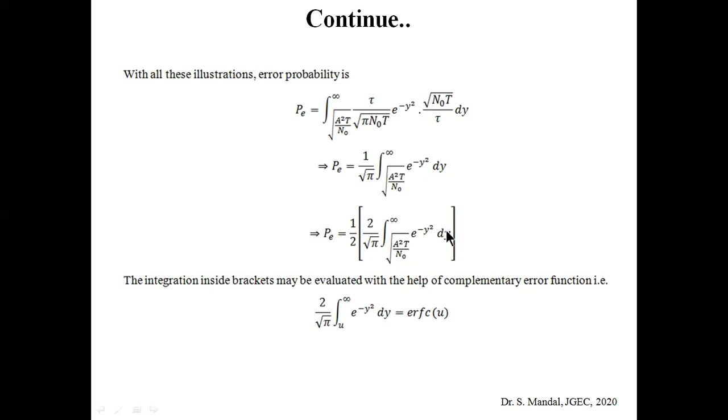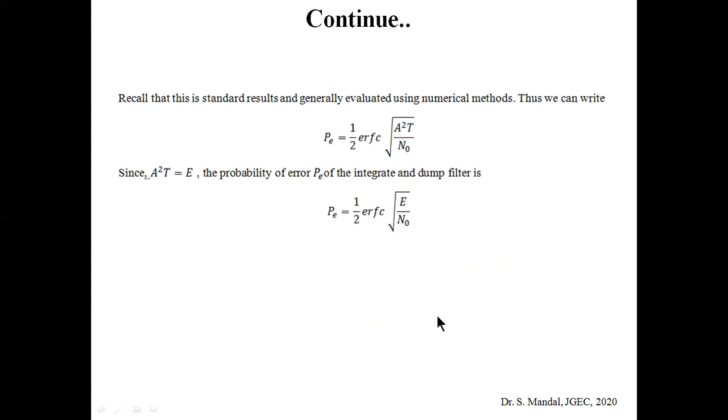Now the integration inside the bracket may be evaluated with the help of the complementary error function, given by erfc. Here we define 2 by root pi integration from u to infinity of e to the minus y square dy as erfc(u), the complementary error function. Then the probability of error becomes half into the complementary error function of root over A square T by N_0.